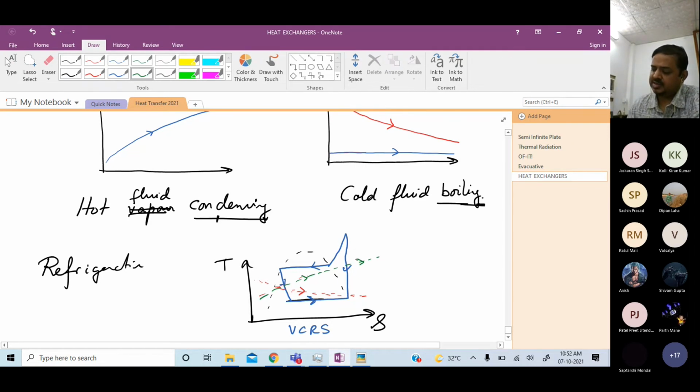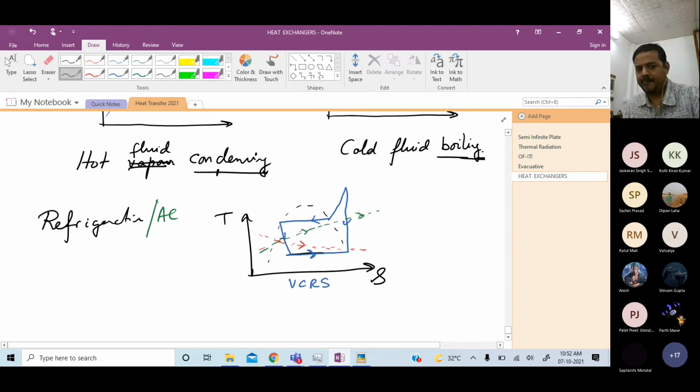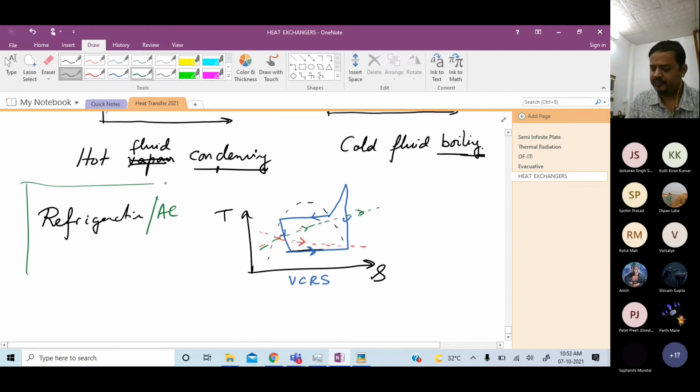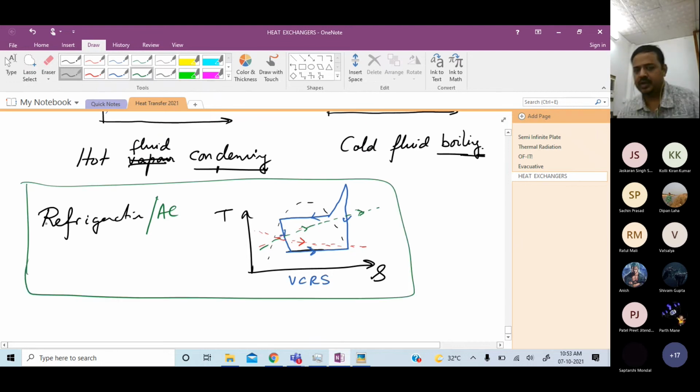This ambient air heats up and is rejected to the outer ambient. Okay, so you see these two heat exchangers in a refrigeration system or AC. Anyway, this was just an example.